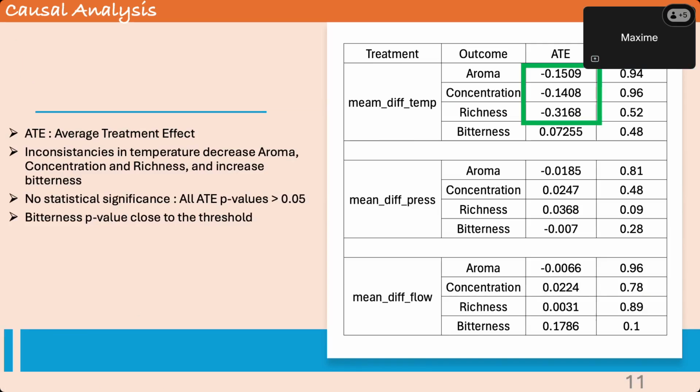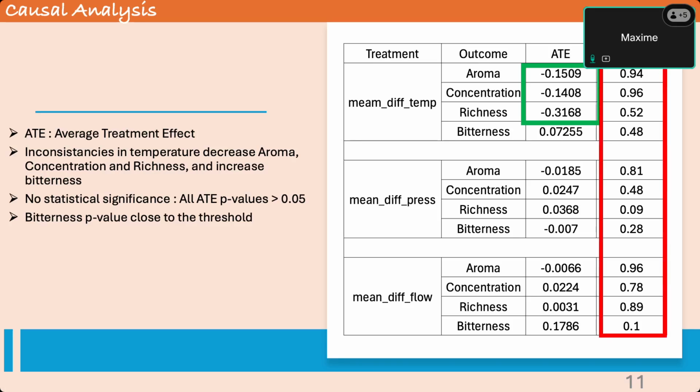When we look at the results, we can see that inconsistencies in temperature tend to negatively influence the aroma, the concentration, and the richness, and to increase the bitterness. So we can interpret this as the deviation in temperature decreasing aroma, concentration, and richness, and increasing bitterness.